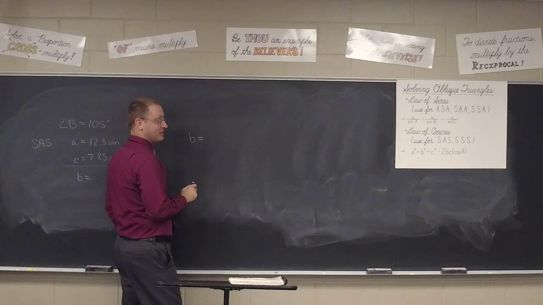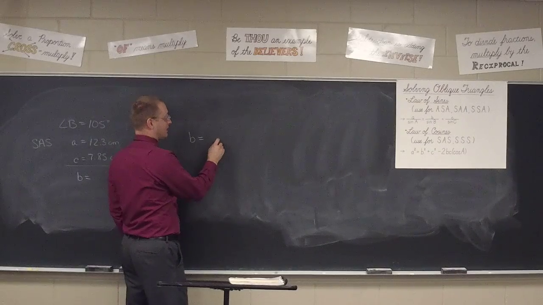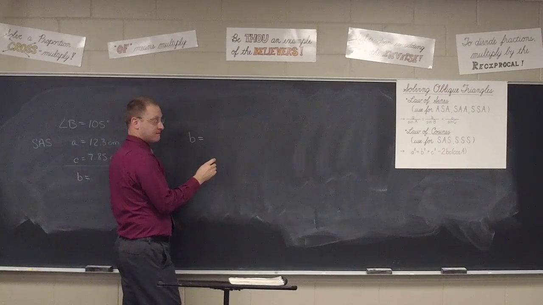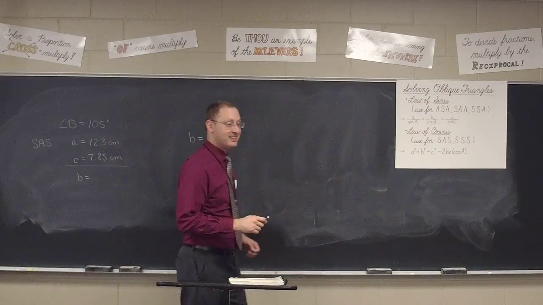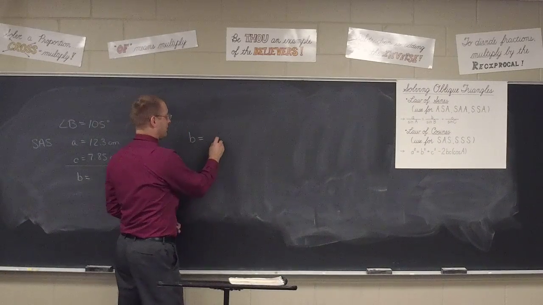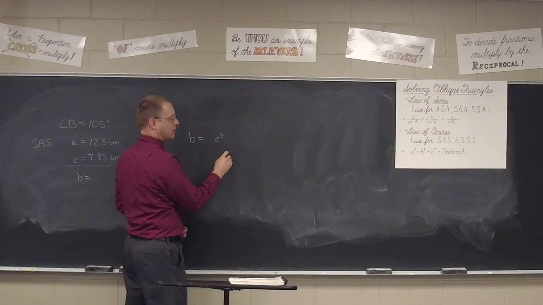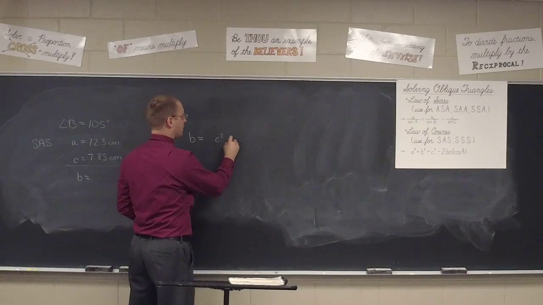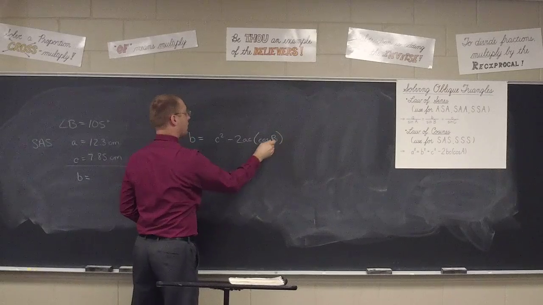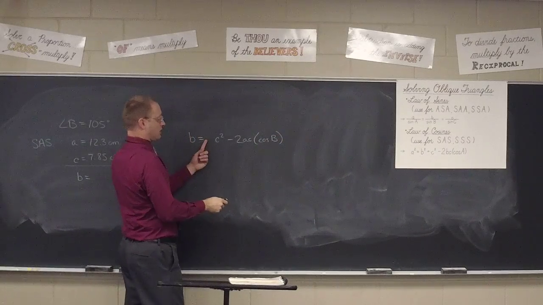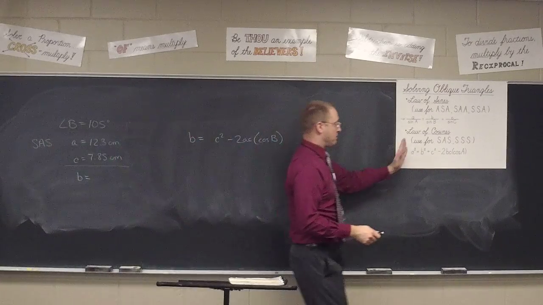All right, so let's find side B. What formula that's similar to this one do I need to find side B? Quentin. B equals 2AC cosine B minus A squared. I think you just left off the a squared. Okay, so b squared, oh I see.